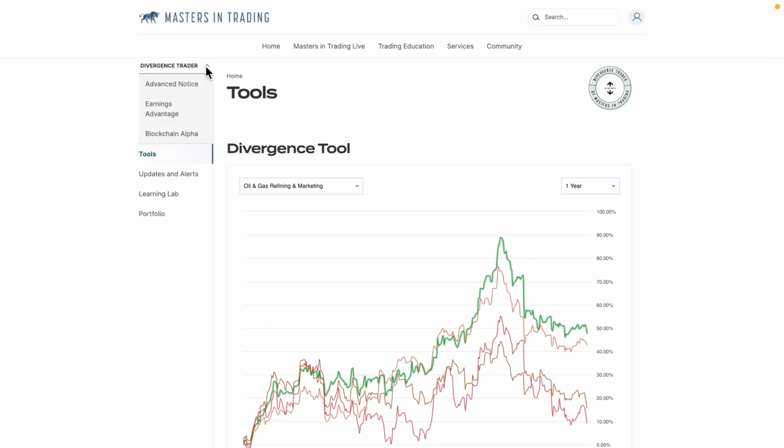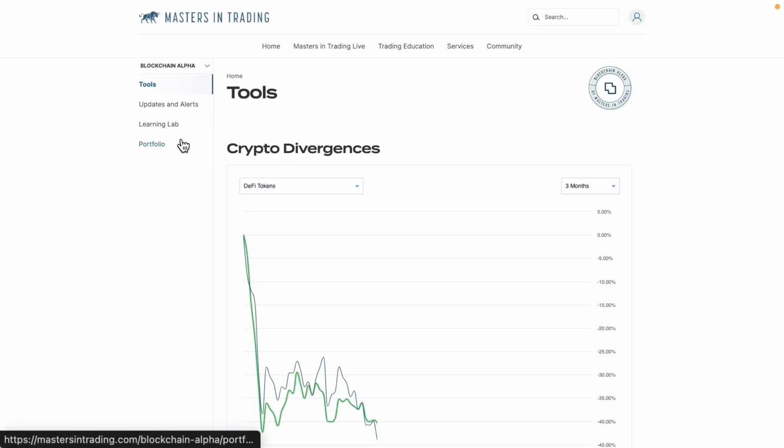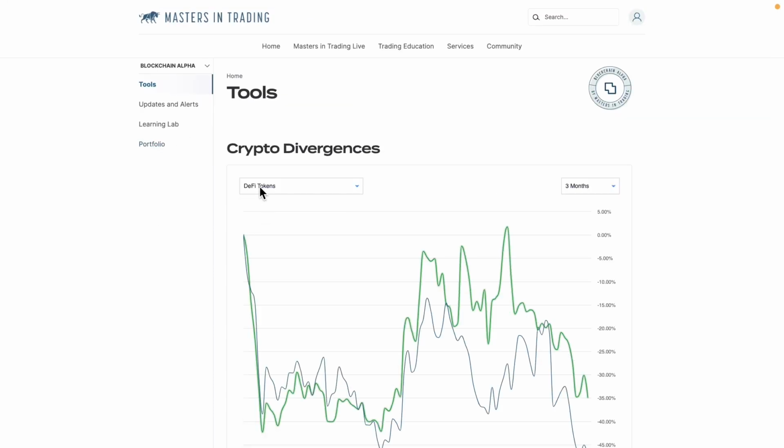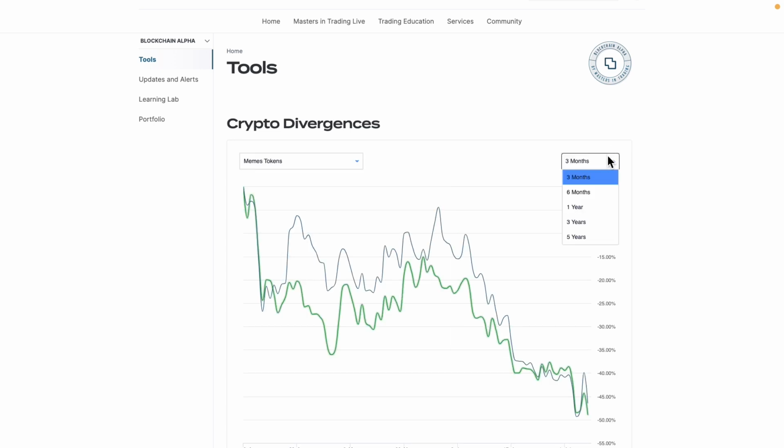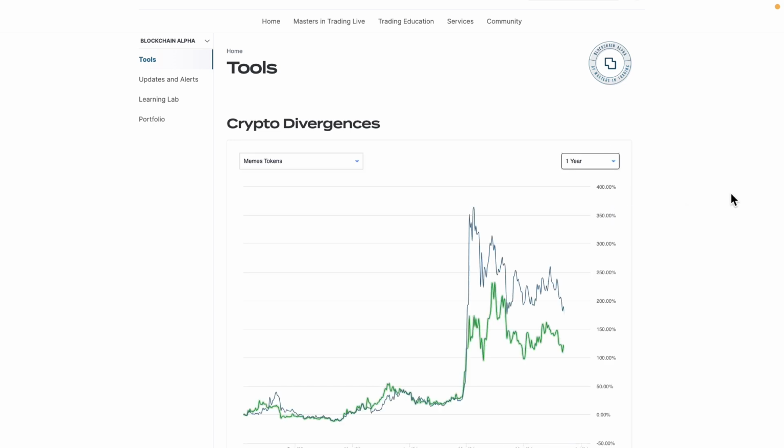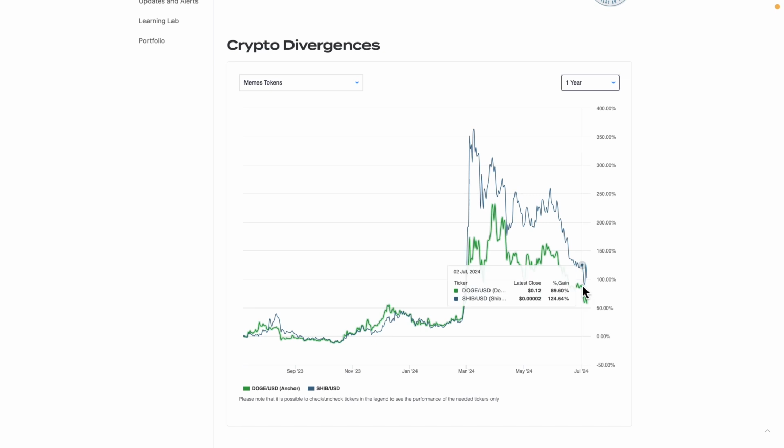Now this is cool, but the divergence will work the same for crypto. And this is where crypto could be really cool because let's look at the meme tokens. If you're looking at meme tokens, you only want to look at meme tokens against meme tokens. So this is just looking at Doge against Shiba Inu.